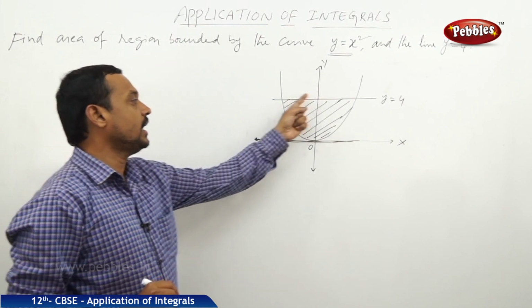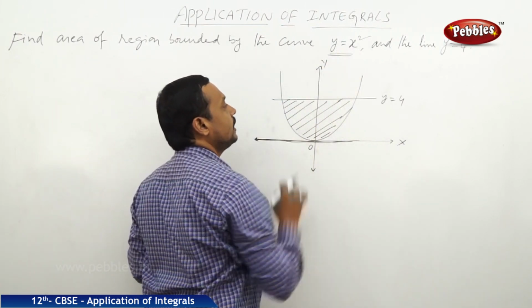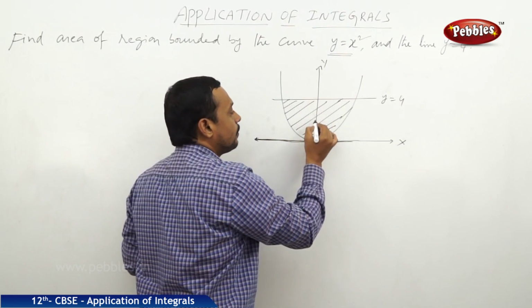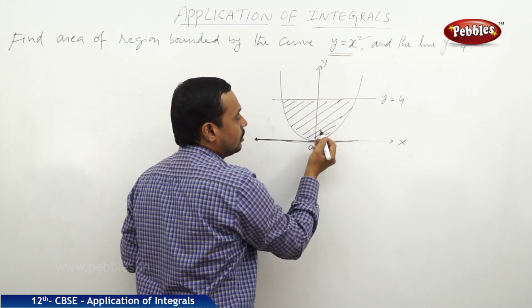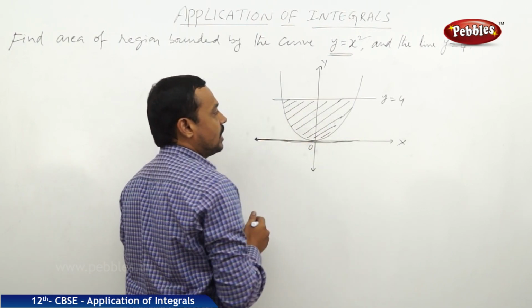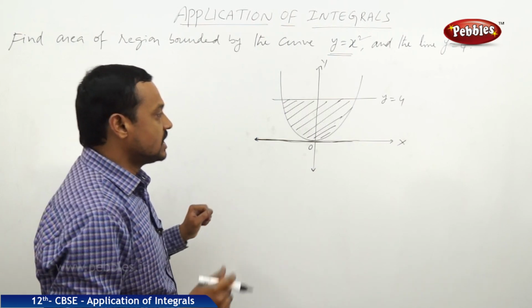Now how to find the area of this region? The curve y = x² is symmetric about the y-axis. Hence, the portion on the right side of the y-axis and the portion on the left side of the y-axis are the same and give the same area.